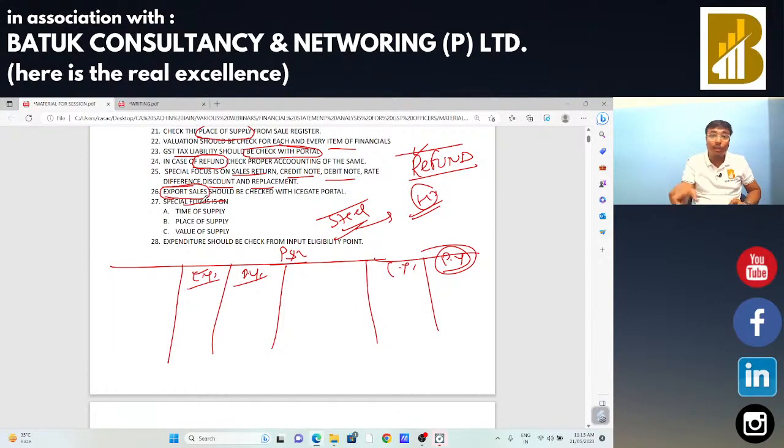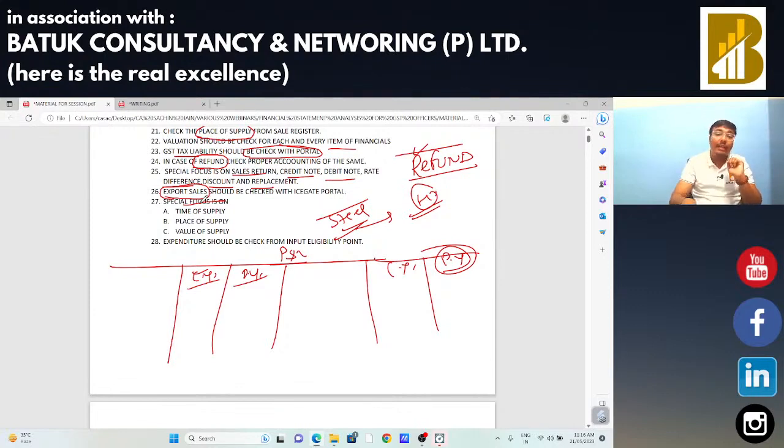Value in regard to the particular income side items. Time of supply means जिस पीरियड में आपको टैक्स का पेमेंट करना था, क्या आपने पेमेंट किया या फिर नहीं किया, you need to check. Okay, and place of supply, you need to pay the IGST and you had paid the CGST or SGST, so you need to identify these types of situation. So when you are going to do the analysis, 3 points which will be in your mind, that is place of supply, time of supply, and value of supply. These points play a very important role.